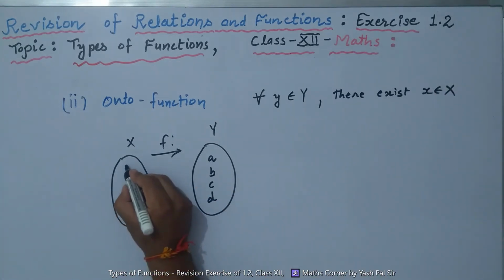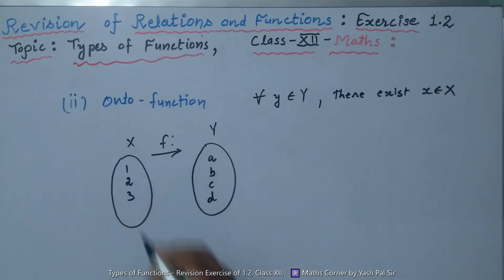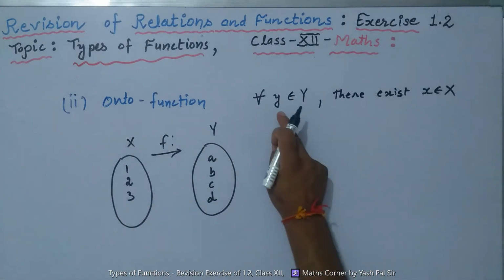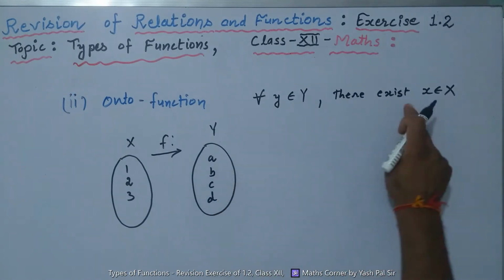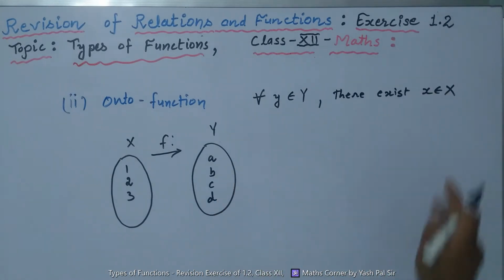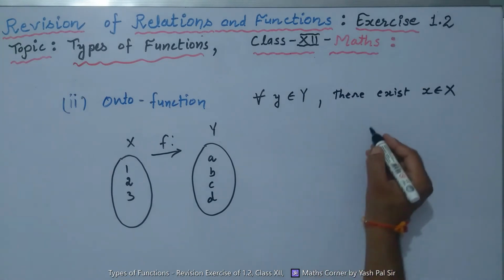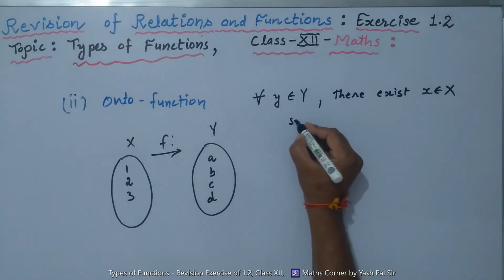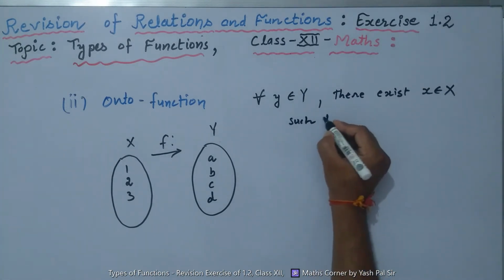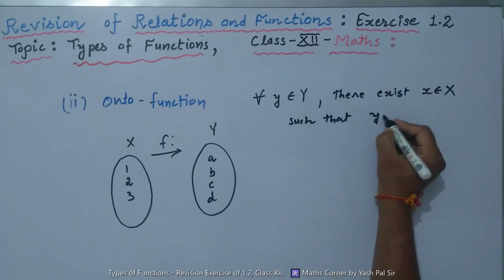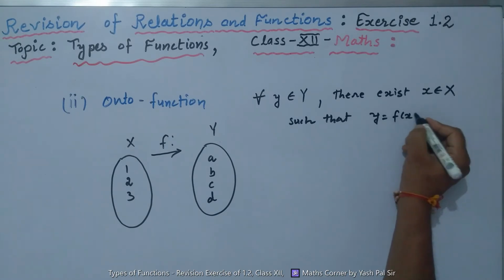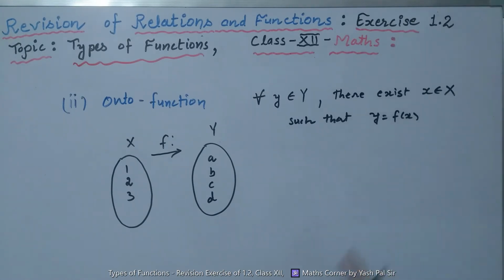Suppose this is 1, 2, 3. For every y which belongs to set y, there must exist x which belongs to x such that y is equal to f of x, that is, y is the image of x.